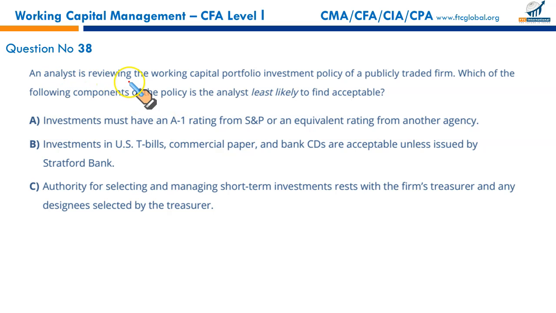Next, an analyst is reviewing the working capital portfolio investment policy of a publicly traded firm. Which of the following components of the policy is the analyst least likely to find acceptable? First of all, remember your investment policy should include the purpose, authorities, any limitations or restrictions, quality, and other items for the purpose of investment, short-term portfolio investments.